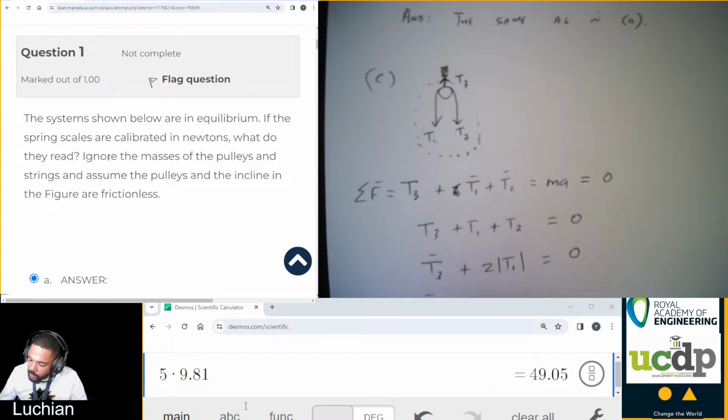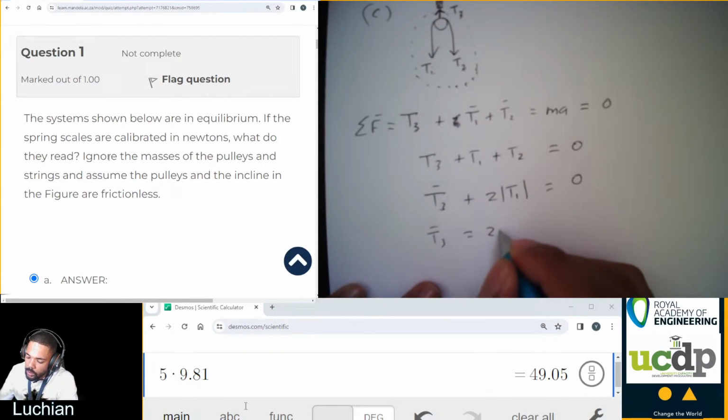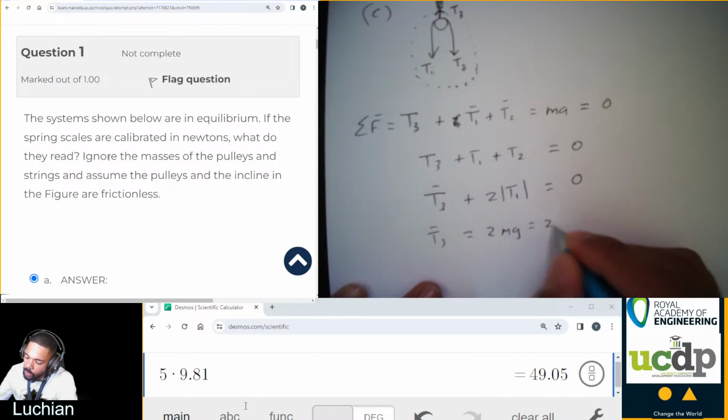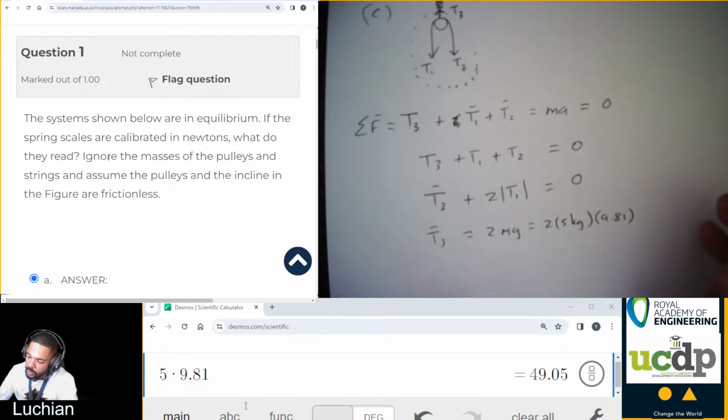T3 is equal to 2 times the mass times the gravitational acceleration of tension 1, which is the 5 kilogram block, and the acceleration is 9.8. So that's 2 times 49, that's 98.